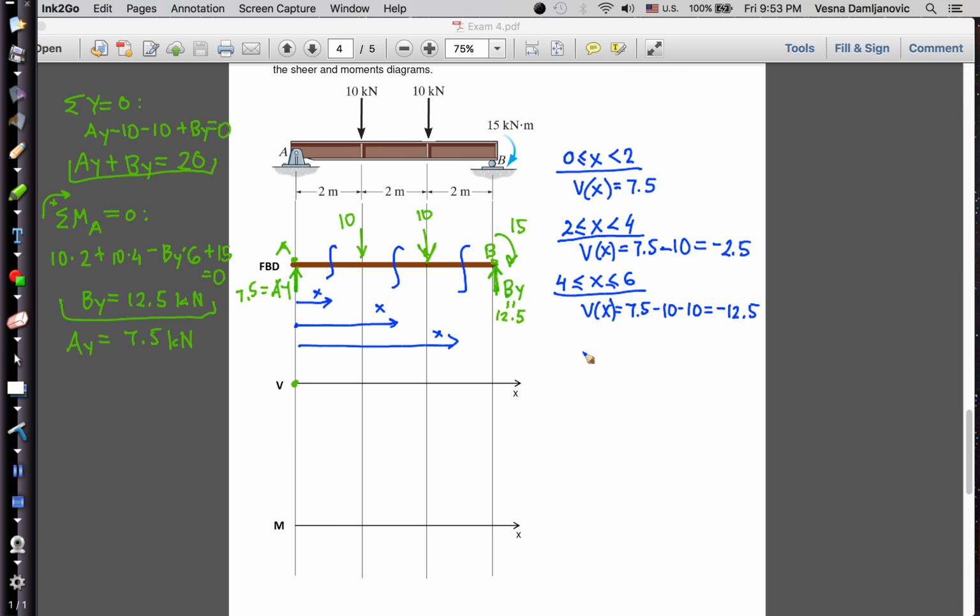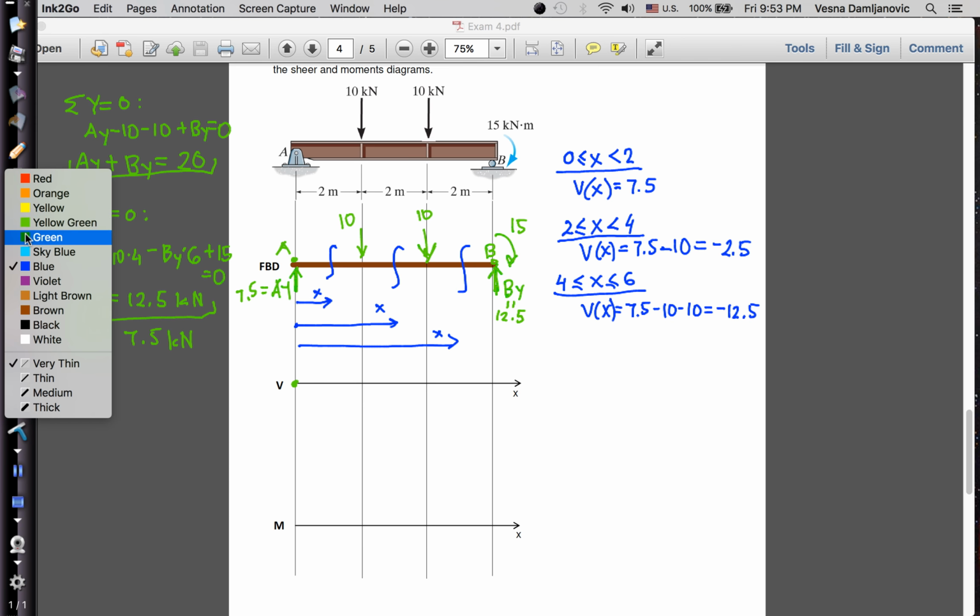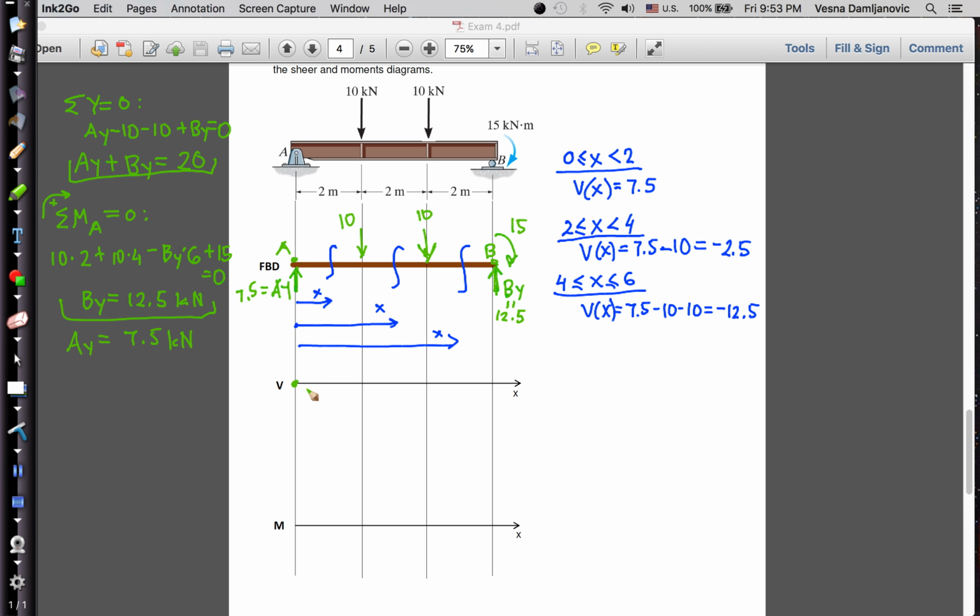Okay, so I'm going to leave these x's, and then I'm going to scooch this diagram a little, make it look a little slimmer than what I wanted. Let's do it like this. So it goes up. First value, just from 0 to 2, is 7.5. So that's only 7.5 for this section. And I draw an arrow.